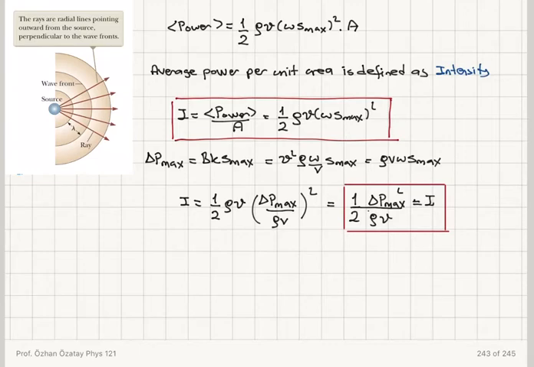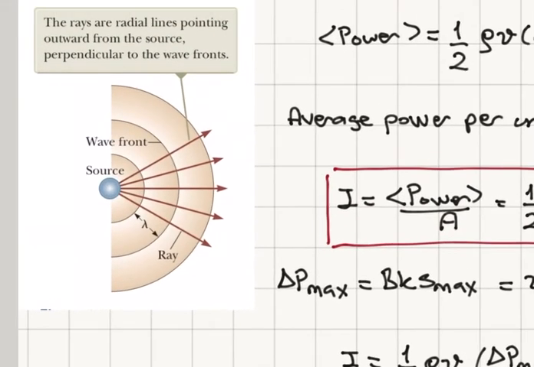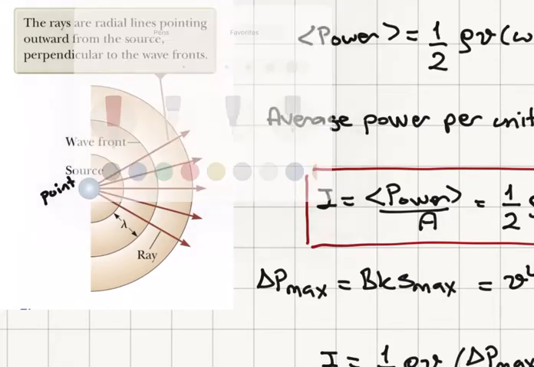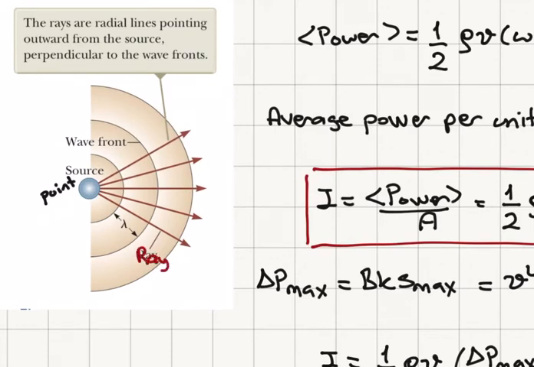So I find that the intensity is proportional to s max squared or delta P max squared. It's proportional to the amplitude of the wave squared. Suppose the sound wave propagates in all directions, from a point source of sound waves. The arrows that show the propagation direction of these waves are called rays.